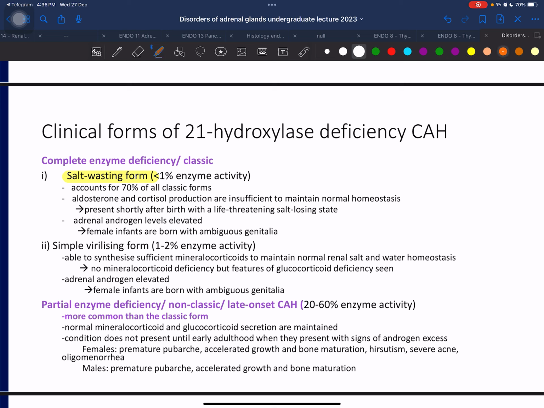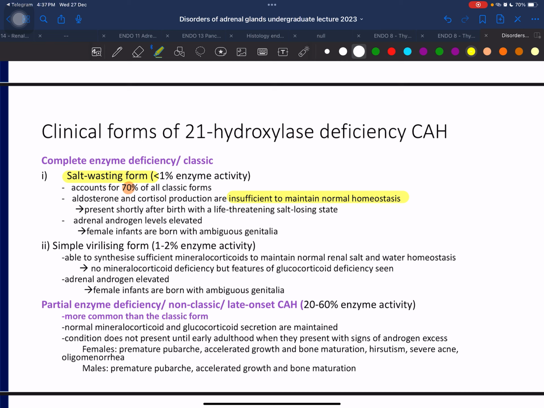You have very little to almost none aldosterone and cortisol production. It is insufficient to maintain normal homeostasis. If you do not detect early, the baby dies. Okay? Because you don't have aldosterone, you don't have cortisol. Cortisol stimulates your glucose metabolism in the body. The patient can get hypoglycemia as well.